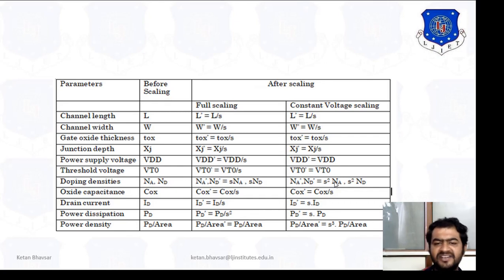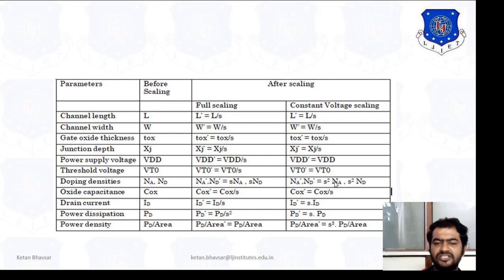Now as you can see, the comparison between full scaling and constant voltage scaling, because in the previous session we discussed MOSFET capacitance and scaling. The parameters are L, W the channel length and width, gate oxide thickness, junction depth, power supply voltage VDD, threshold voltage VTO, doping density Na and Nd, oxide capacitance COX, drain current ID, power dissipation PD, and power dissipation per area.